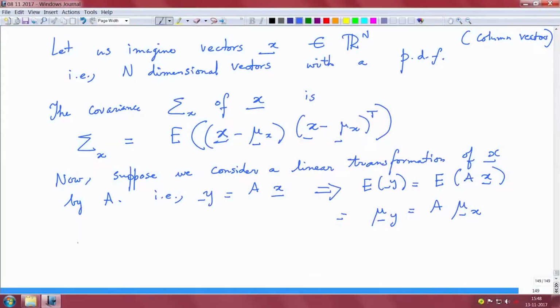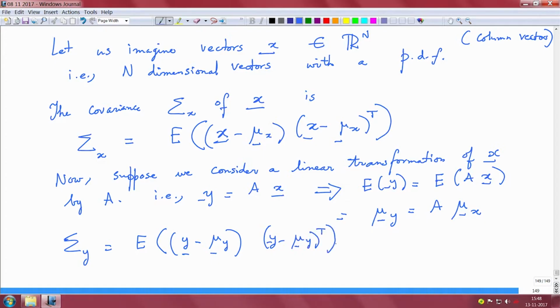Now, sigma y is the expectation of y. For covariance, you have to remove the mean, right, we have to remove the bias, and then we have to compute the expectation of (y minus mu y) times (y minus mu y) transposed.